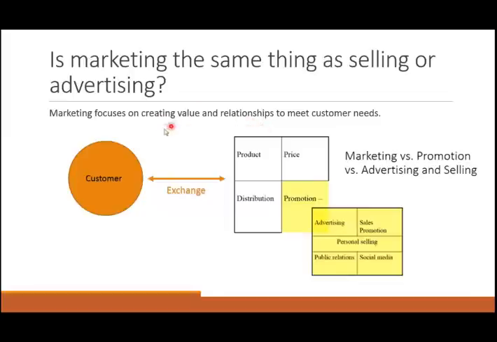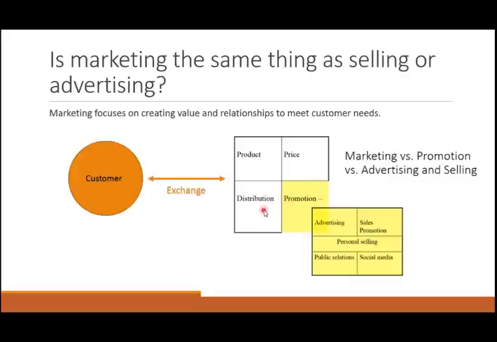So what happens is marketers look at this customer out there in the marketplace, we might call that our target market, and try to create an exchange between our marketing mix, and that is our product, our price, our promotion, and our distribution to create value.